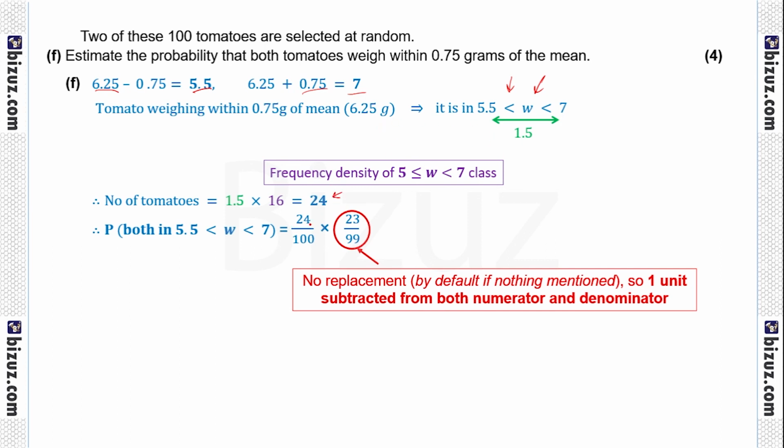So there's a 24 out of 100 chance, 100 is the total number, and that's multiplied by, so we're picking another tomato, but now we have one less tomato that's within this interval, and also we have one less tomato from the total number of tomatoes because there's no replacement. So the second probability is 23 by 99. So multiplying these two, what we get as the final answer is 46 by 825.